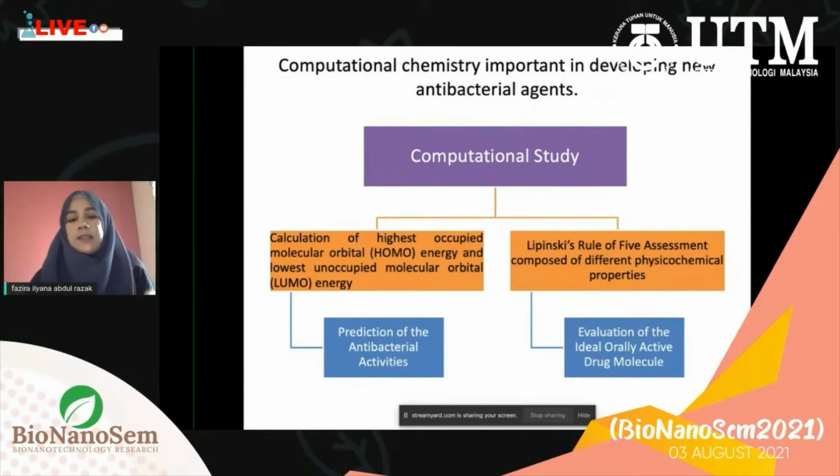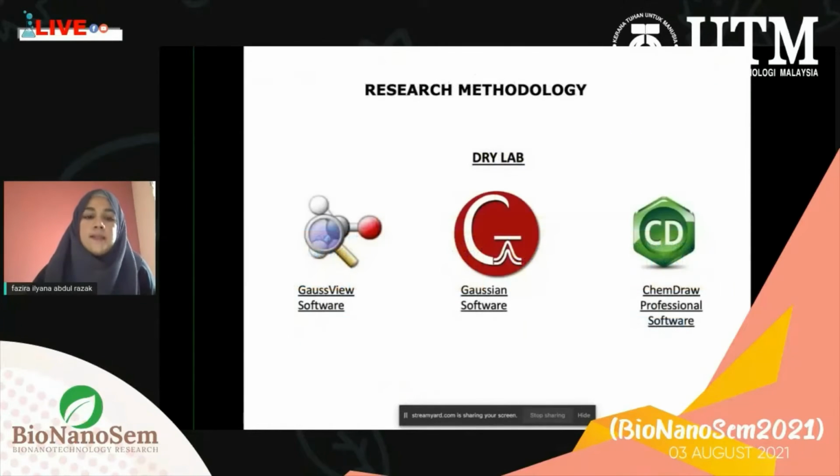The second aim is to determine Lipinski's rule of 5 assessment to evaluate the ideal orally active drug molecule. The method and software that we use: number 1, GaussView software.